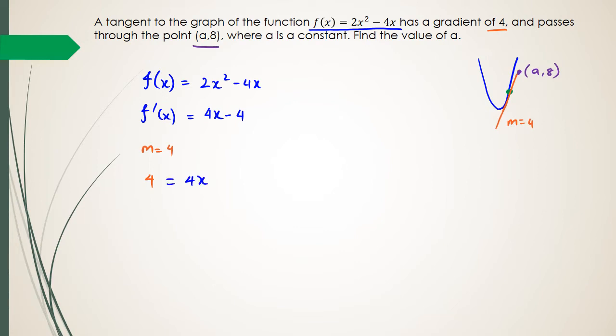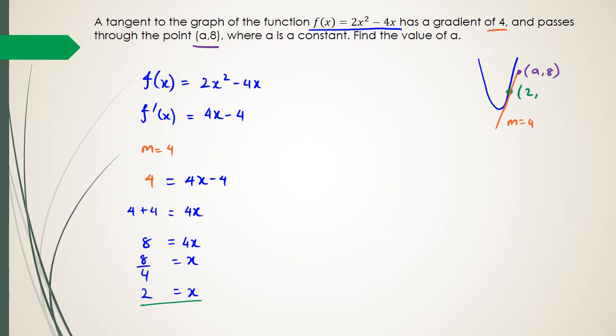So I write down 4 is equal to 4x minus 4. Rearranging it, 4 plus 4 equals 4x, and then 4x is equal to 8, so x is equal to 8 divided by 4, which is 2. So what I've discovered is the green point's x coordinate, which is 2.